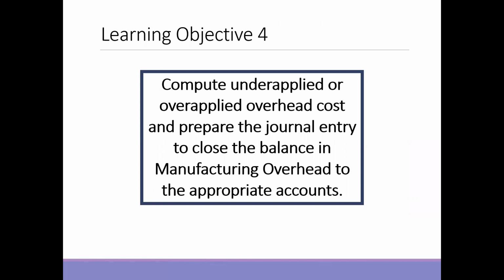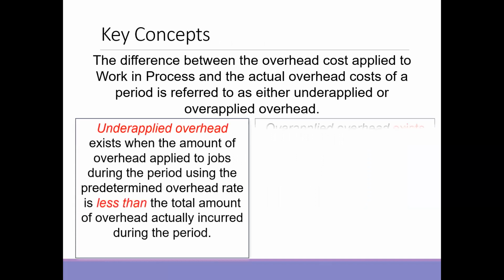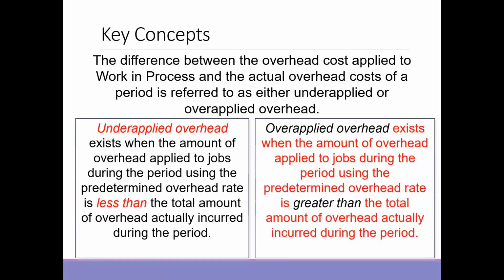Now, we already did this in that problem, but we're going to understand a little more about under applying or over applying the inventory. The difference between the overhead cost applied to work in process and the actual overhead cost is known as either over applied or under applied overhead.